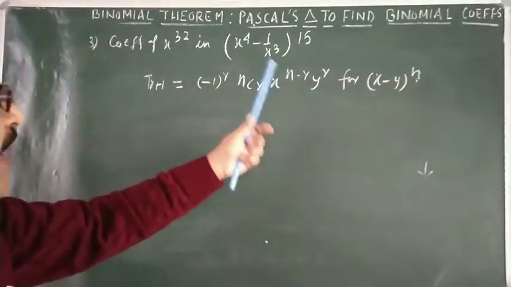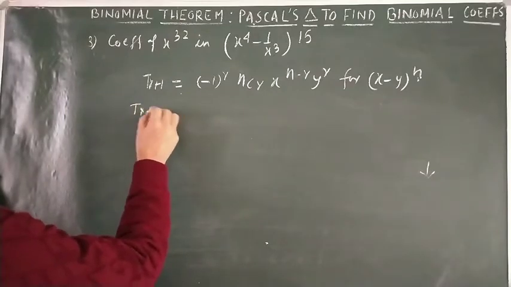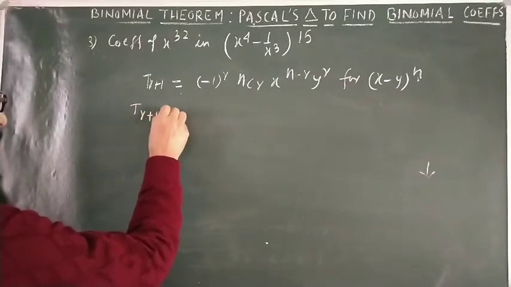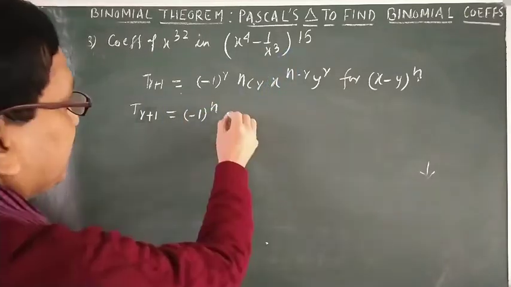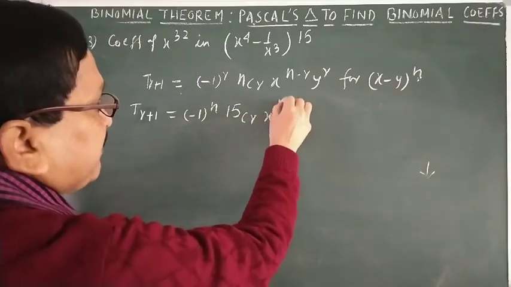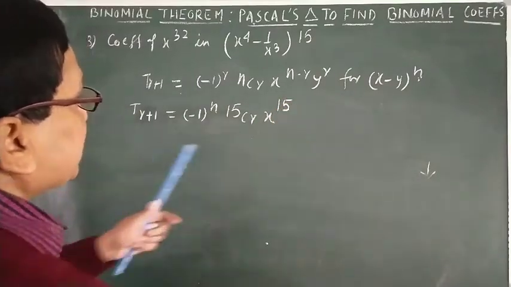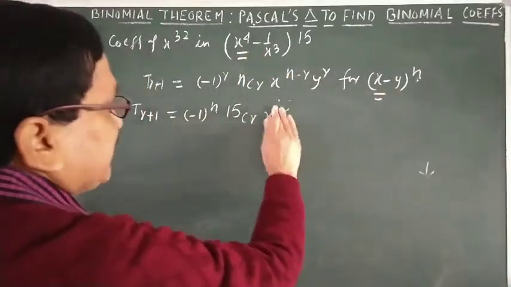Now we are going to write this T(r plus 1): minus 1 to the power r, n is equal to 15, 15Cr, x to the power n minus r. But in place of x, note it, x4 is given.